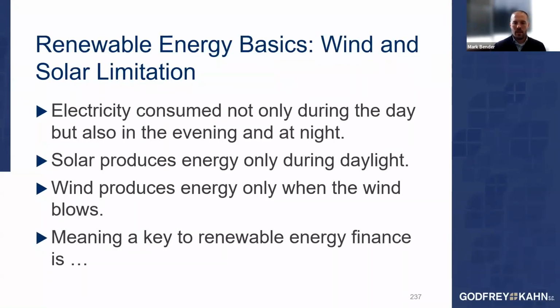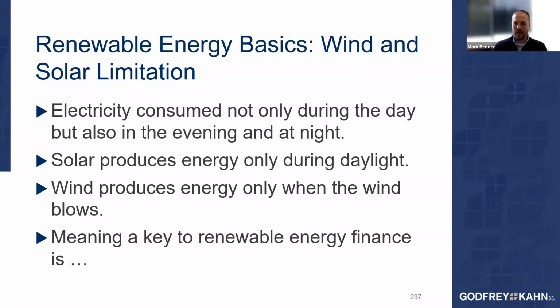So some other renewable basics here. Wind and especially solar are probably the two most used renewable energy technologies that you'll see, especially for housing. And it's important to be aware of their limitations as what are called intermittent resources. Electricity for housing, for any kind of human consumption, is used during the day and at night and in the evening.